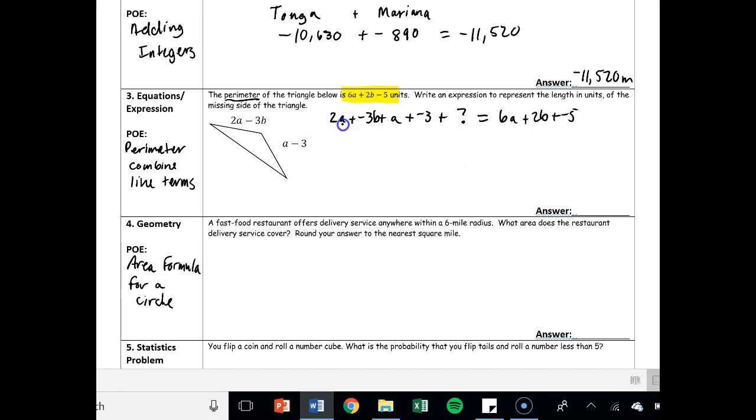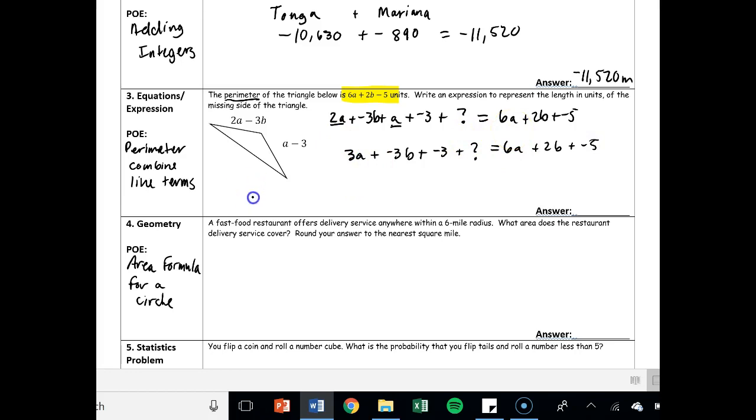All right, so let's combine like terms. So we got 2a and we got a, so we have 3a plus no b's there, so negative 3b plus negative 3 plus something is equal to 6a plus 2b plus negative 5. So ask yourself, 3a plus something has to equal 6a.